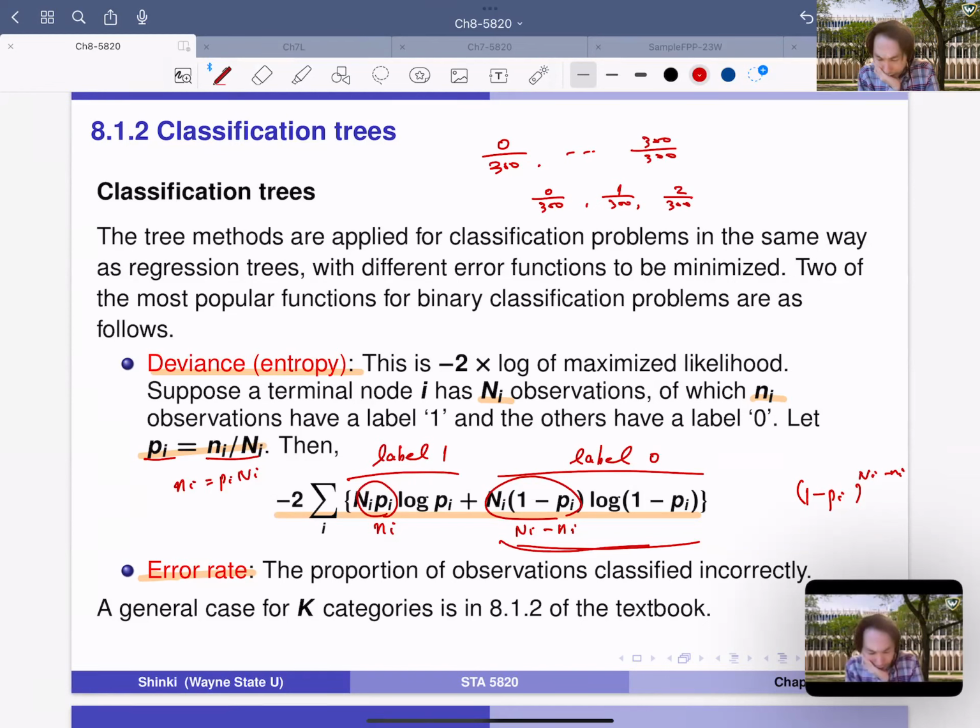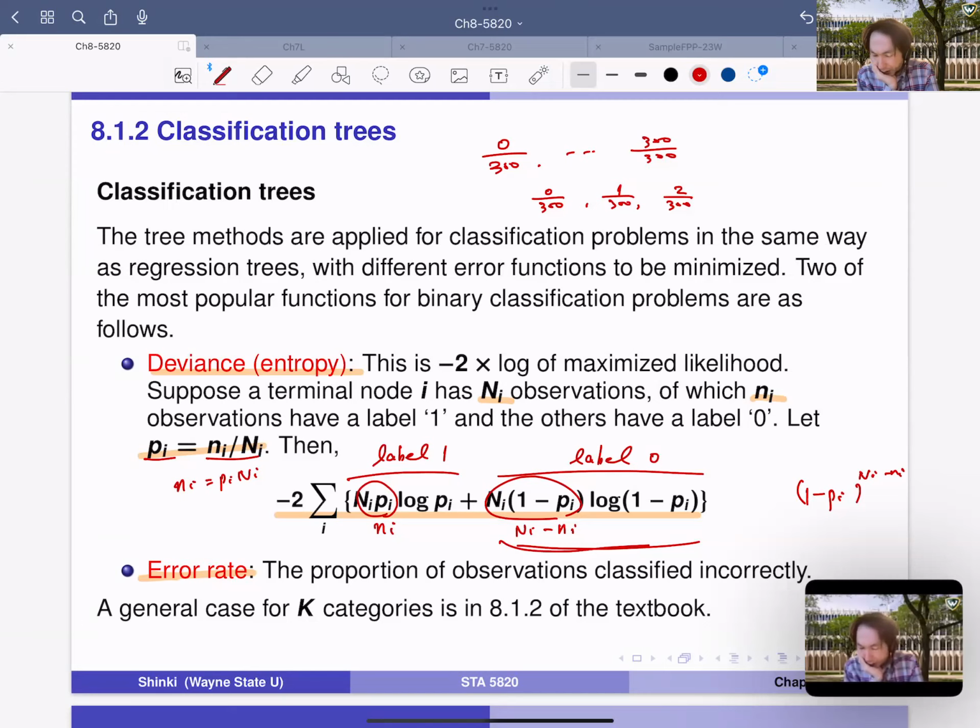But if we have some outliers, then sometimes one observation can destroy the entire likelihood function, right? Because one extreme observation makes a very small likelihood, and that breaks this likelihood function entirely. So the deviance is fragile against outliers.